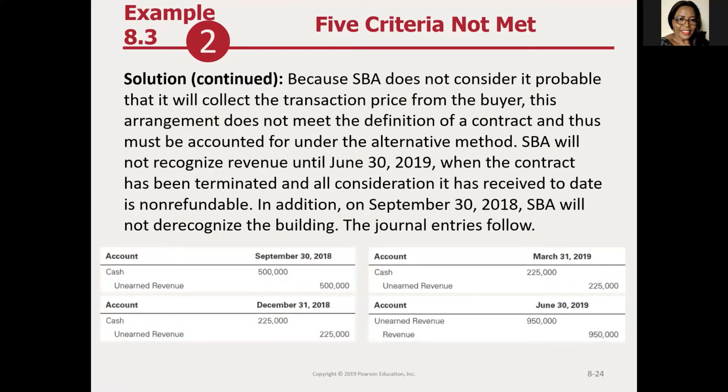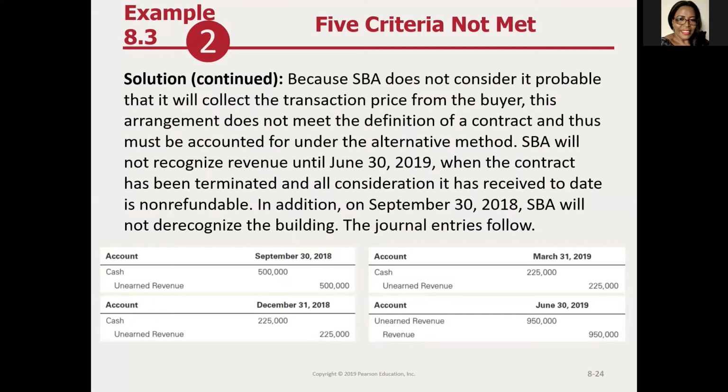Because SBA does not consider it probable that it will collect the transaction price from the buyer, this arrangement does not meet the definition of a contract and thus must be accounted for under the alternative method.